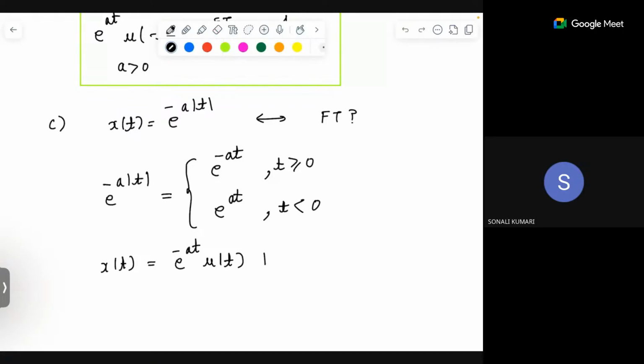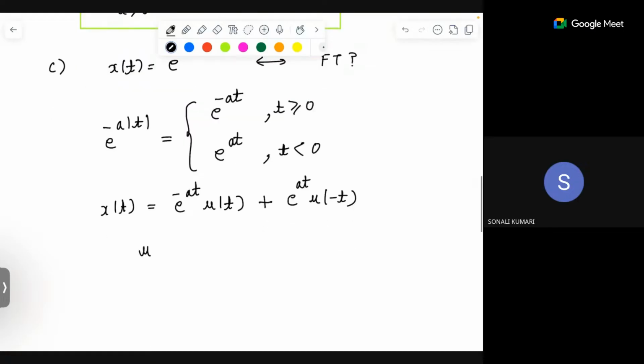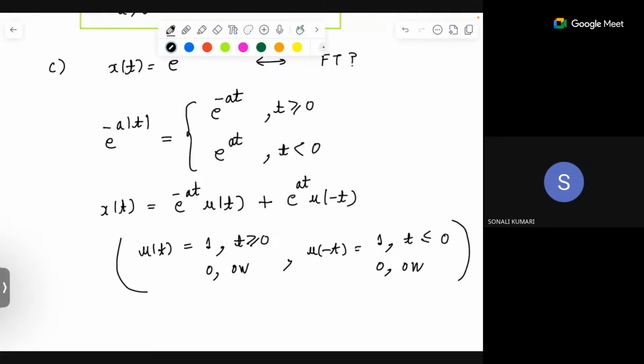Now for t less than 0, I can write e raised to the power of at into u of minus t. u of t is 1 for t greater than or equal to 0, 0 otherwise. u of minus t is 1 for t less than or equal to 0 and 0 otherwise. That is why we have written this. Is this clear how we wrote x of t like this? Others also? Yes, clear, ma'am.